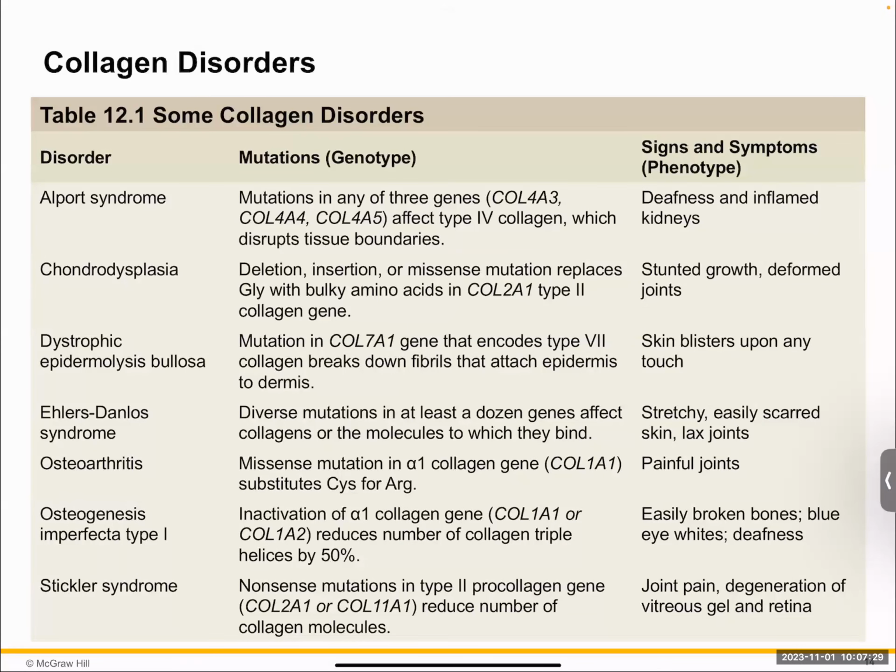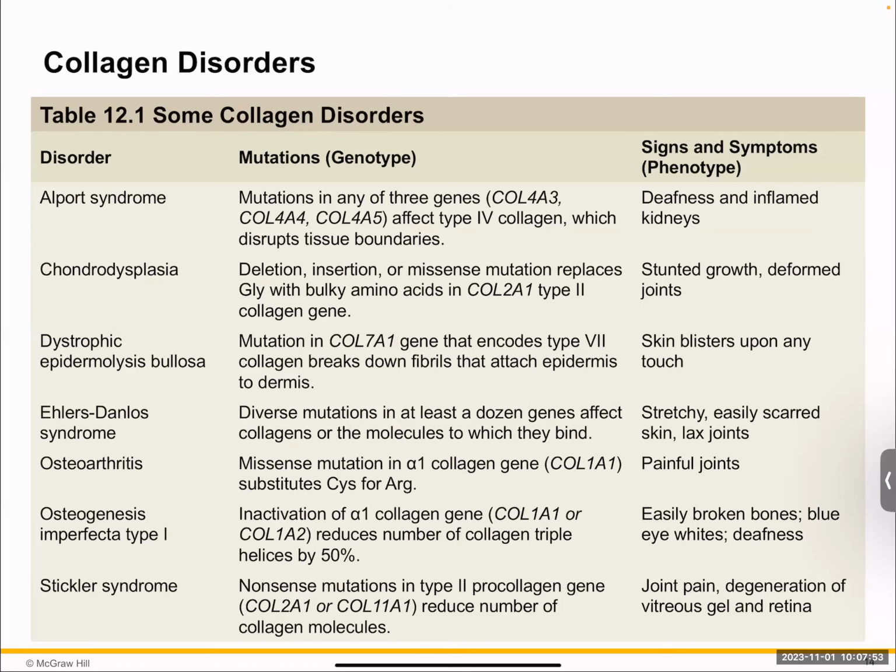The other two syndromes that I mentioned were chondrodysplasia, which can be a result of either deletion, insertion, or missense mutation, which I'll talk about in just a minute. But as far as you know that this is a mutation in the collagen fiber, I'm fine with that. But why is this such an important medical condition?